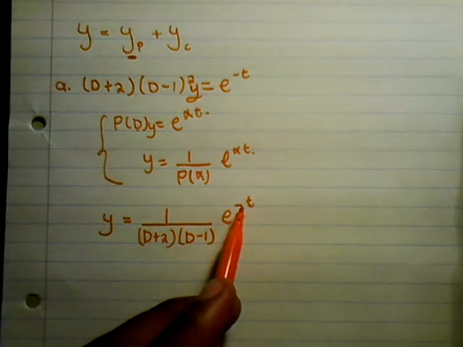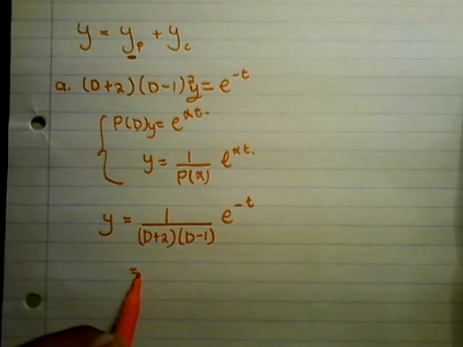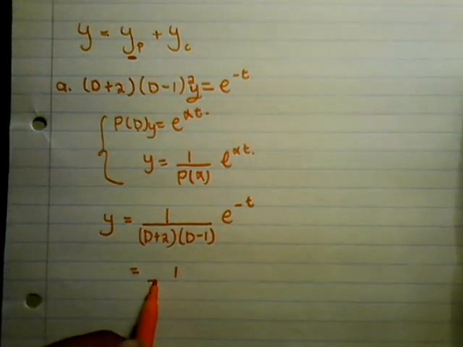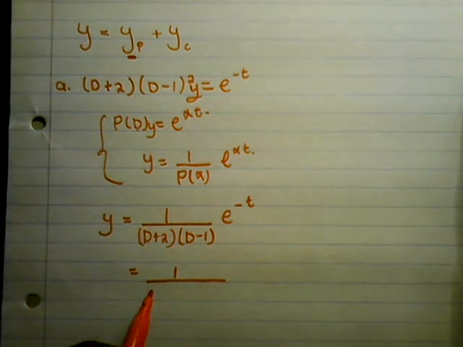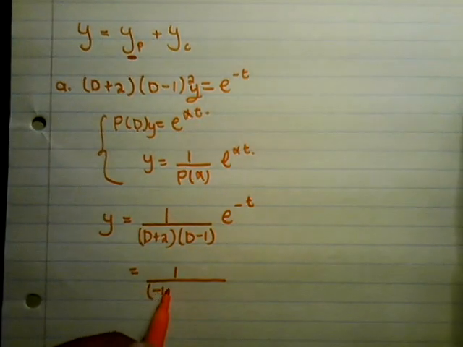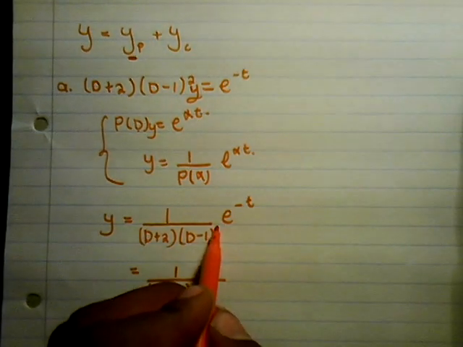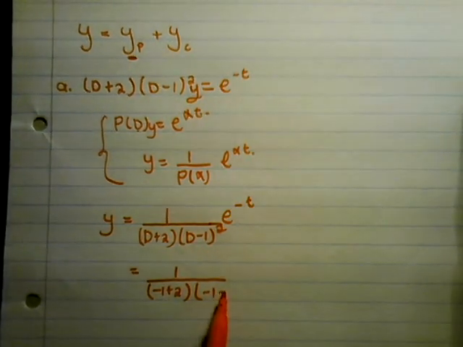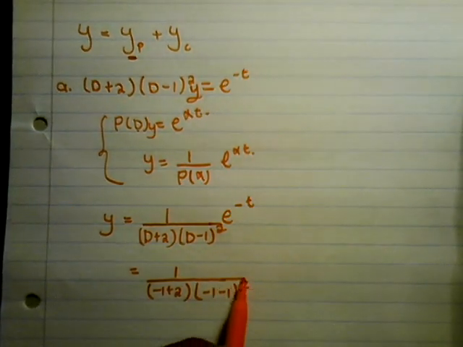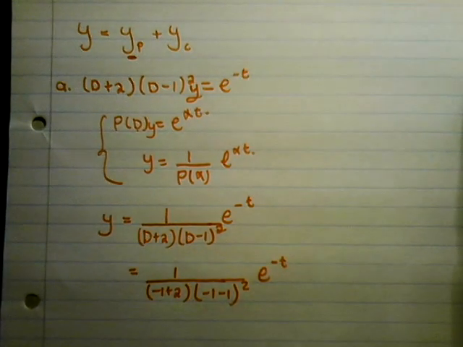Here you can see that alpha is -1, so where there is D we put -1. So we get 1 over (minus 1 plus 2) multiplied by (minus 1 minus 1) all squared, e to the power of minus t. Now we solve that.